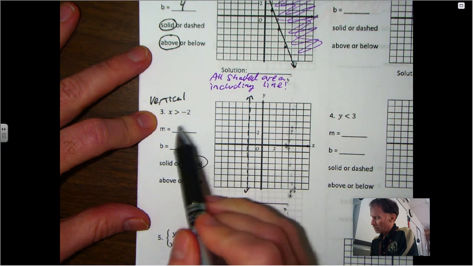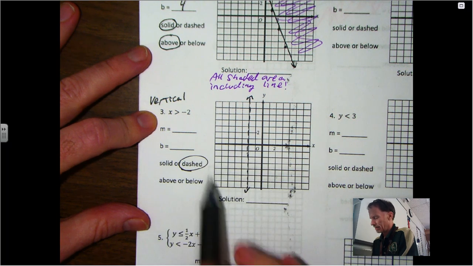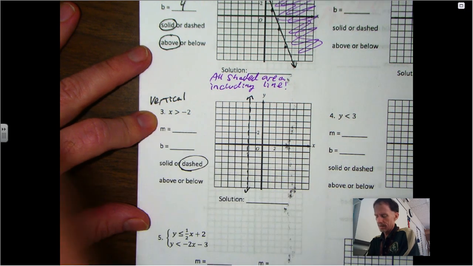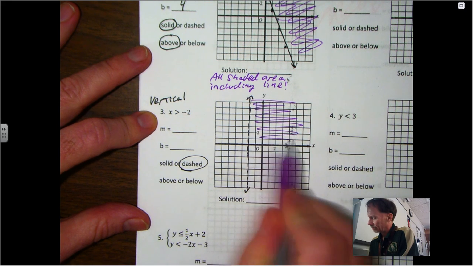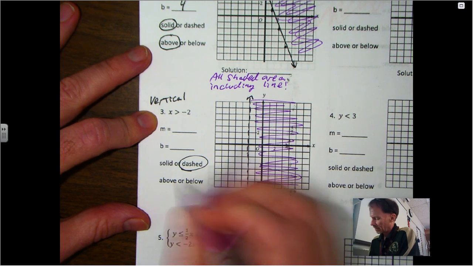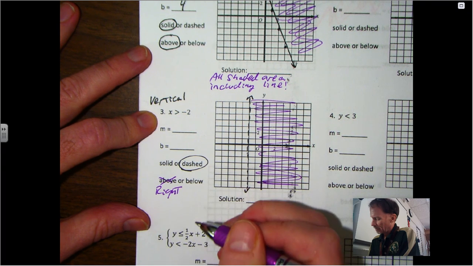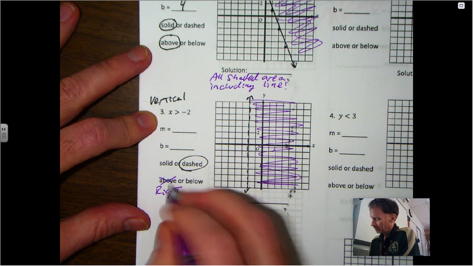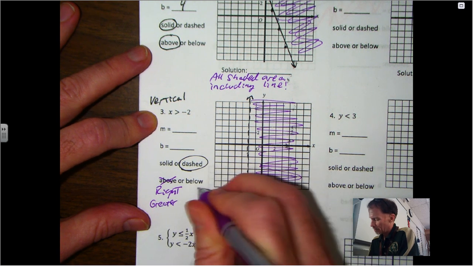And also notice there is no above or below on a vertical line, but we can think of right and left. And again, since this is greater than, I'm going to shade in to the right of that line. And of course, if it was below, then I would go left.